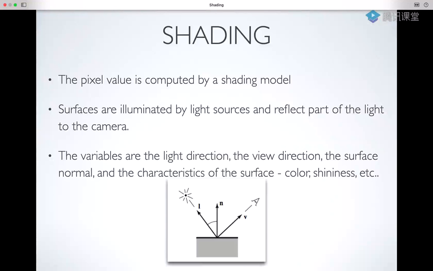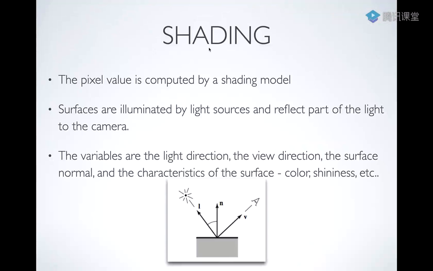So first, let's look at what direct lighting is. When we talk about direct lighting, there's a word, shading. Shading is the key to direct lighting. The pixel value is computed by a shading model. If we look at any object, the brightness of the object is shading.